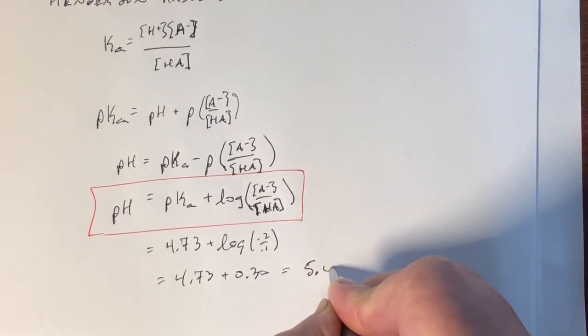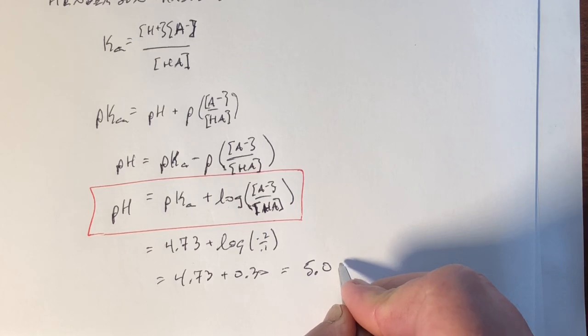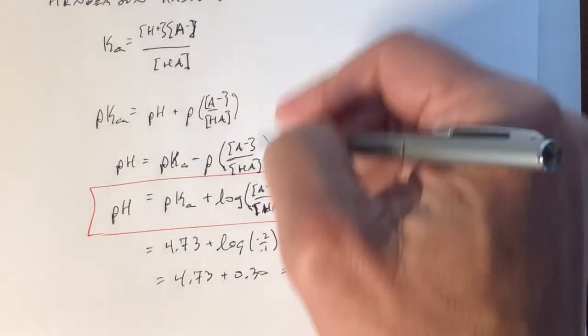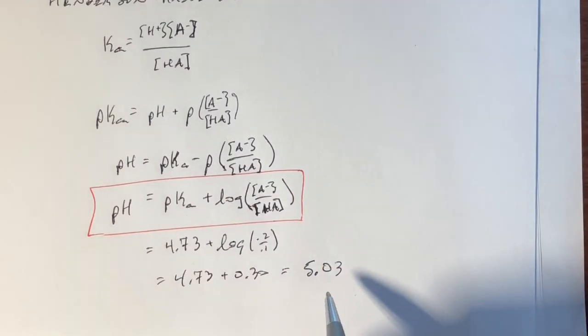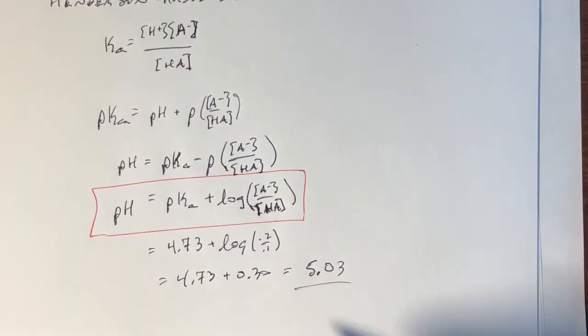I think it worked out to be 5.03 when I calculated it. 5.03. So somewhere in there I rounded things off a little funny, but it gets the same solution. Again, it should. It's from the same math. All right, so that's that.